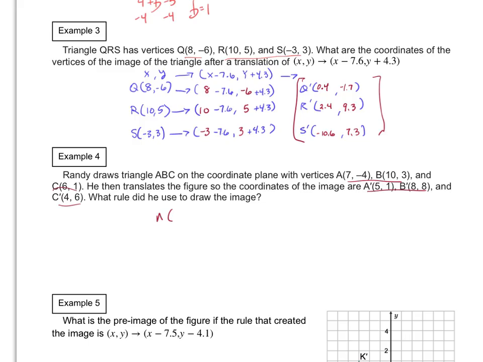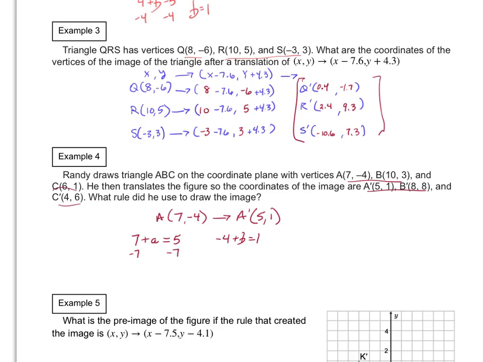So if A is 7, -4, and he mapped to A prime, which is 5, 1, what happened? I could do that mathematical thing, and I could say my x values, I've got 7 plus A is equal to 5. I could say -4 plus B is equal to 1, and that would solve that mathematical transformation.